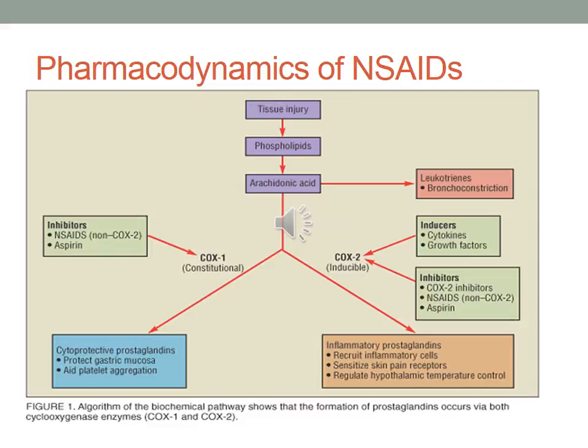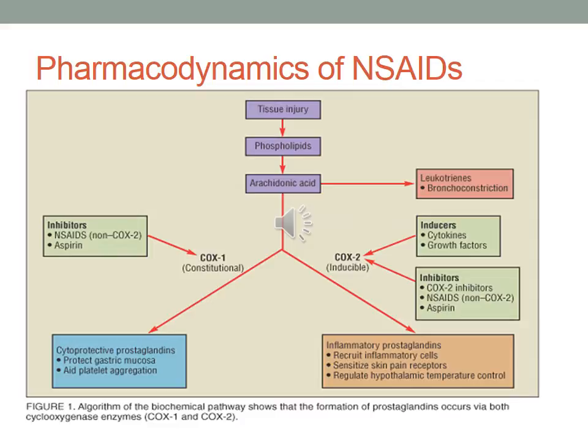So, the pharmacodynamics of non-steroidal anti-inflammatory drugs. You can see here, again, that breakdown of going from tissue injury, very similar to the chart shown earlier. You can see where different NSAIDs will work. Now, we'll talk about the difference between your typical NSAIDs and what are called your COX-2 inhibitors.